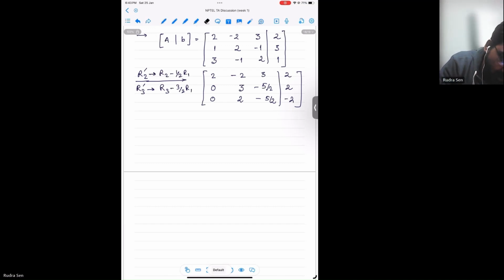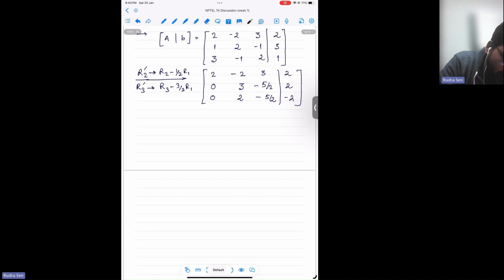Now we do the next operation. The next operation is basically to make this term 0. So what is the next operation? It's R3 prime equals R3 minus 2 by 3 R2.